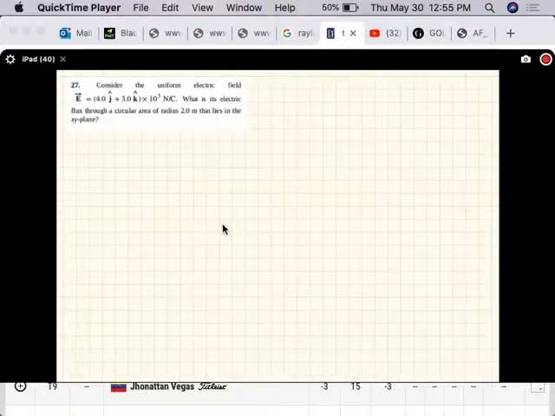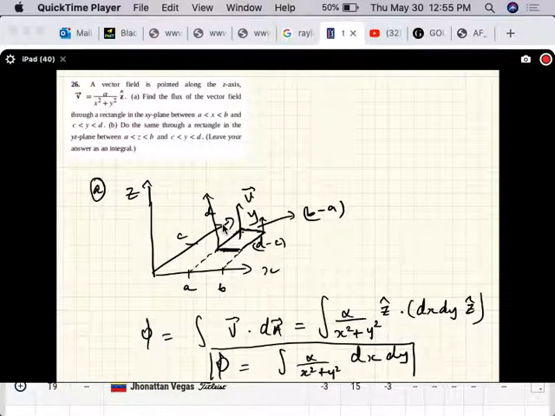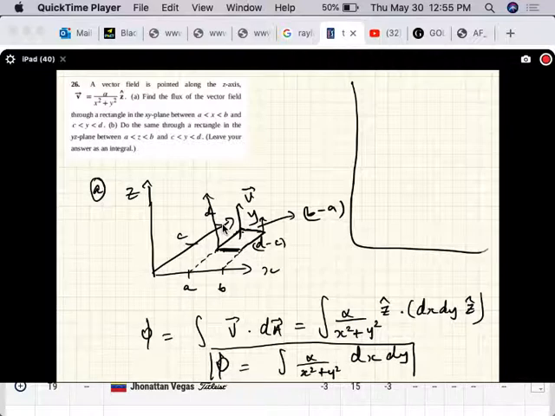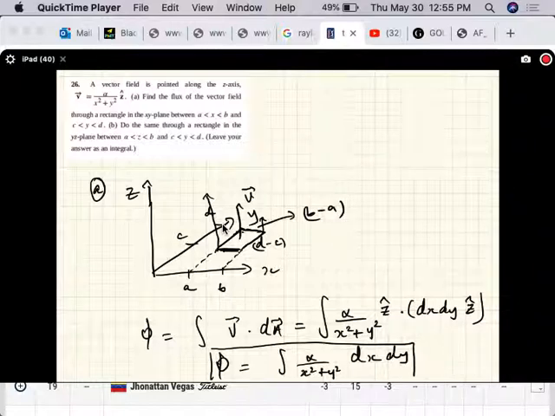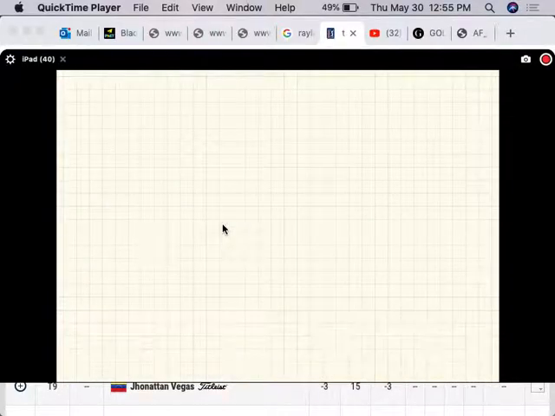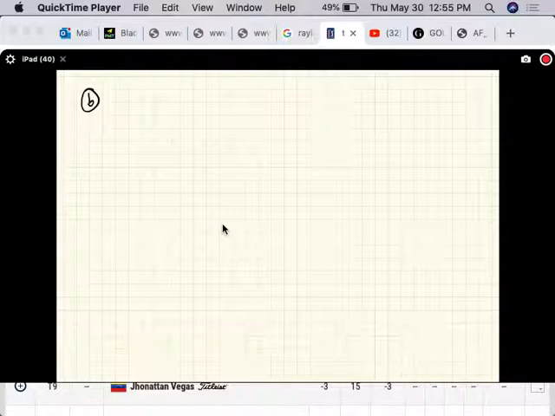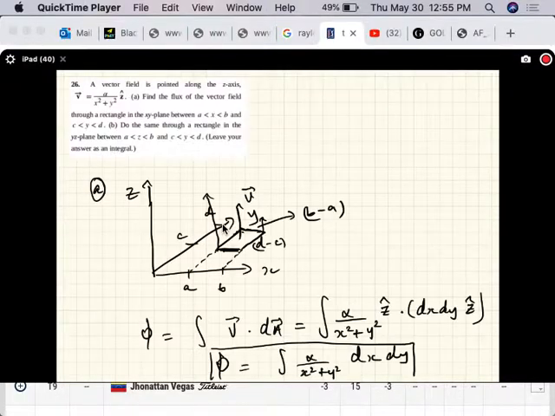So we'll do the same thing for part B. Let's see. Can I fit it in here? I think B is, no, I'll just add another page. So for part B, what is it asking?